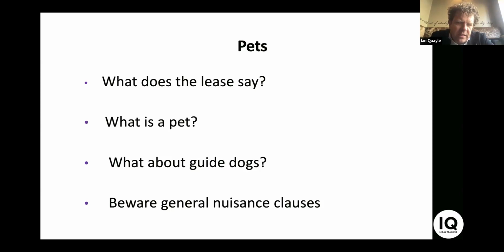Quite interestingly, the courts have said that a guide dog is a pet. The courts have also said that even if the lease permits pets, general nuisance clauses are likely to forbid dogs that bark or animals that create noise. So again, I think it's important to let clients know from the outset the potential limitations associated with pet ownership in flats and apartments.